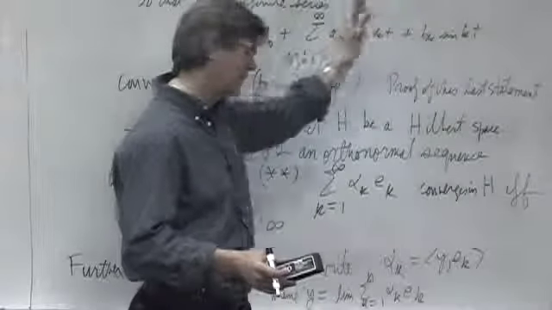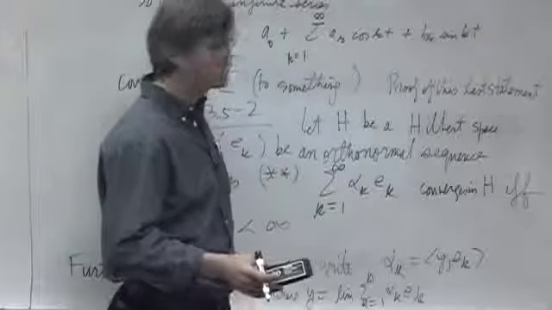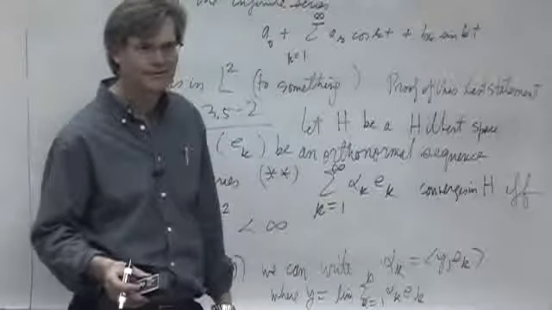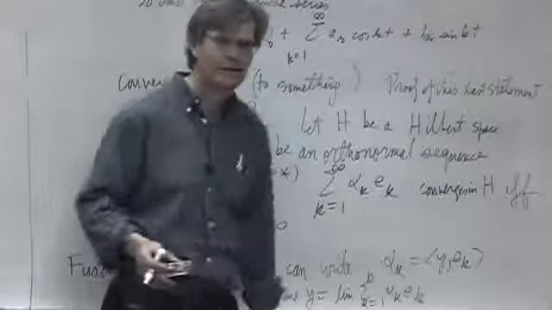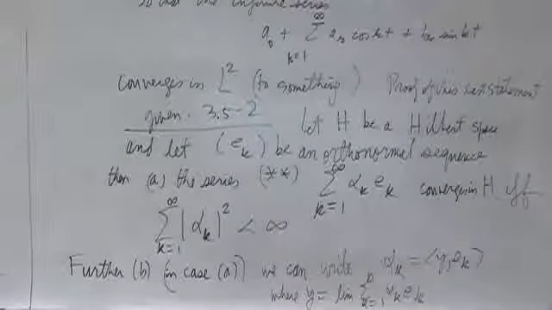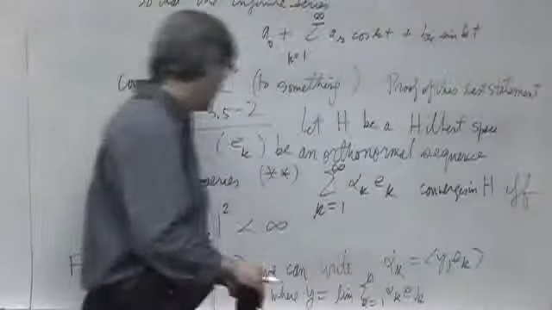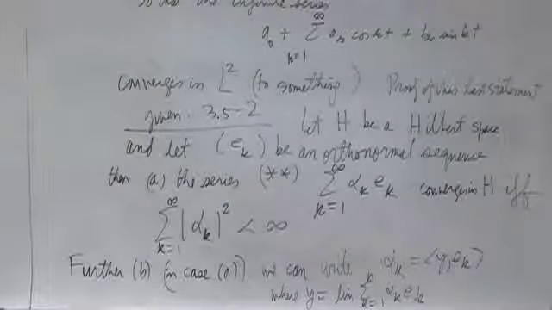I'm going to ignore half the terms, then I certainly have convergence to something. That's my y. That's what the statement of this theorem is, that I will have convergence to something and call it y, and then the coefficient is the Fourier coefficient of y.